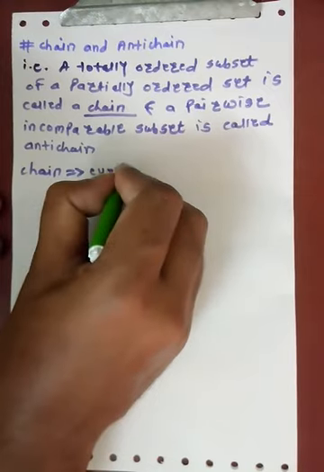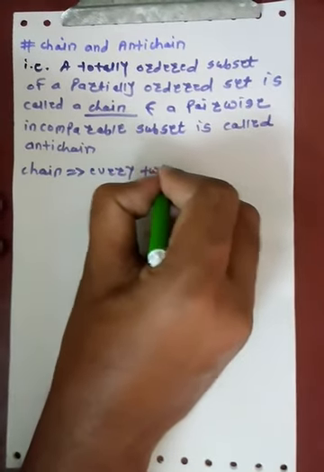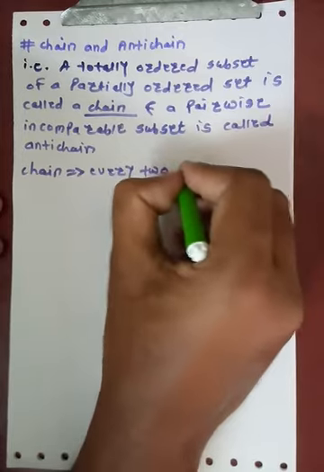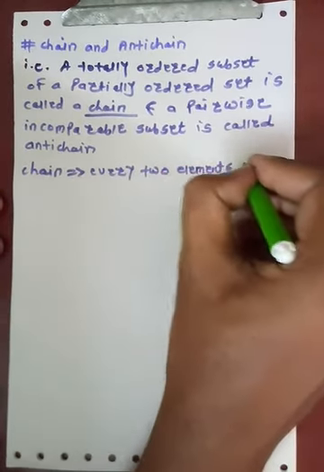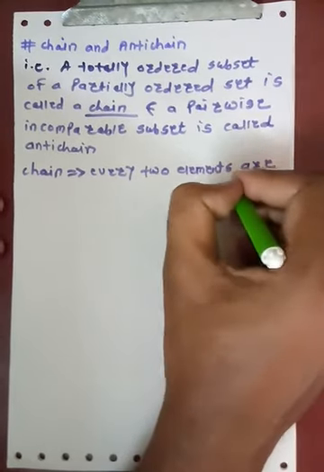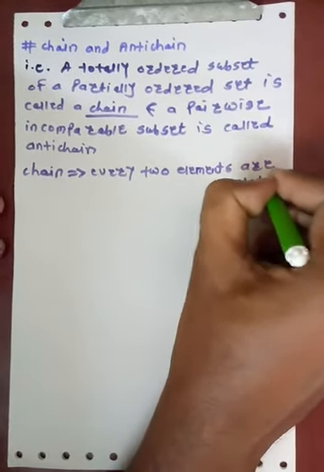every two elements in a chain are related, right?